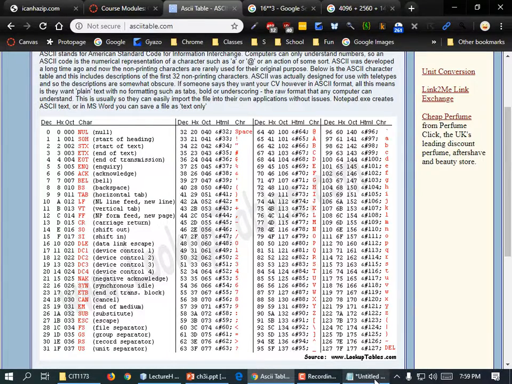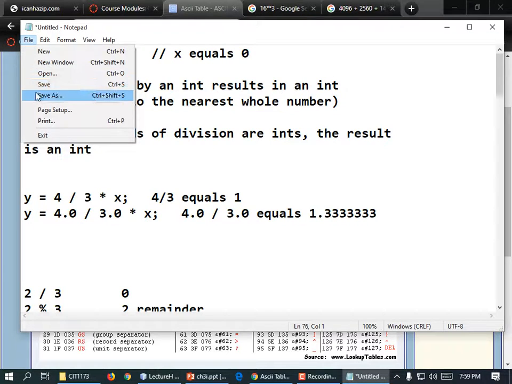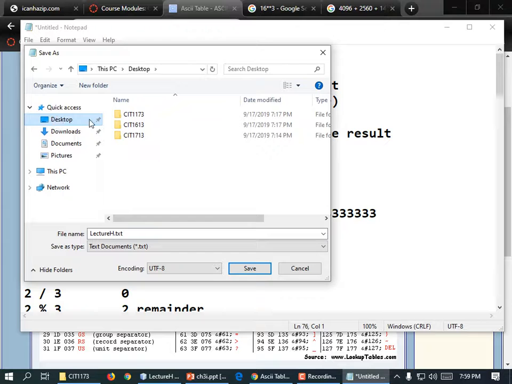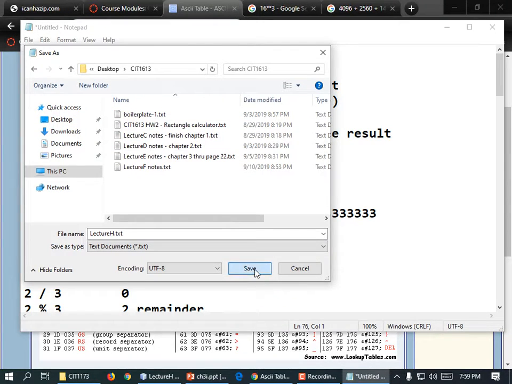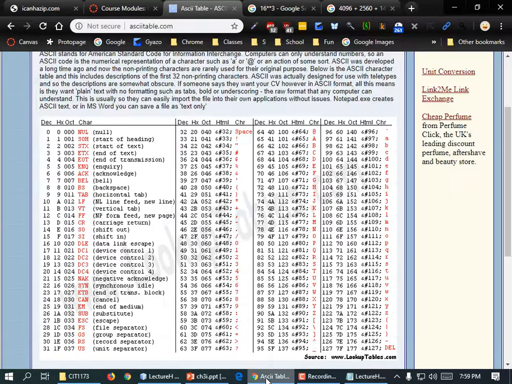So just for funsies, if you have Notepad open, if you're taking notes in Notepad, go ahead and save your document. I think this is Lecture H. And then go to the following website.